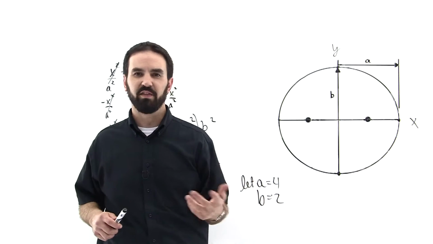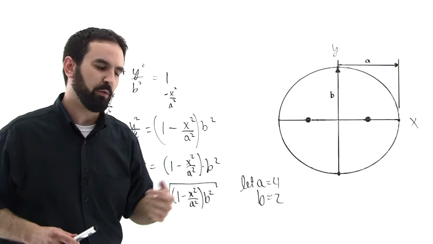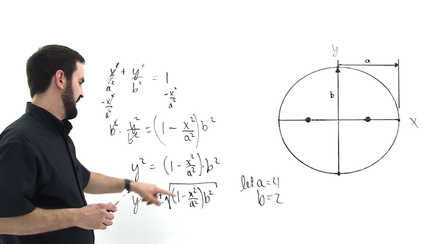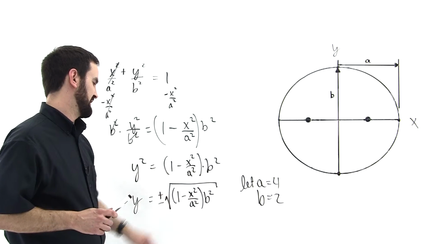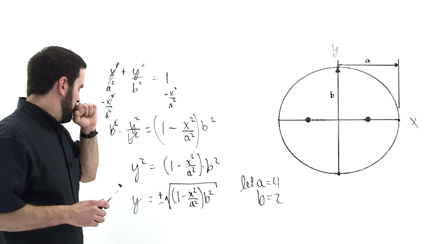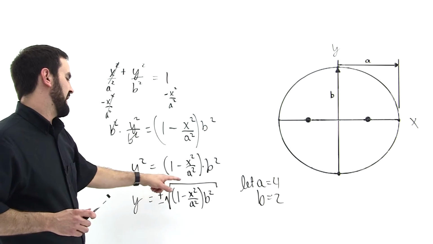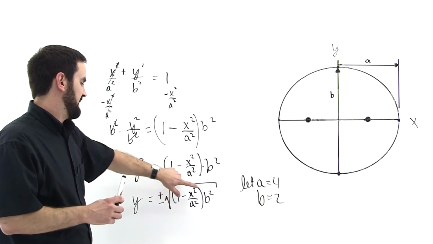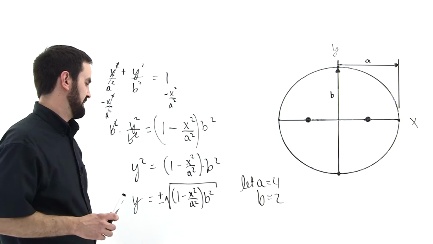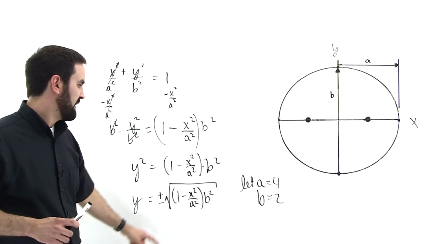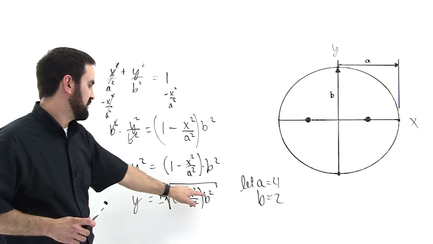So you have to let y1 in your y editor equal the positive square root of 1 minus x squared over a squared, in parentheses, times b squared. And then let y2 equal the negative square root of 1 minus x squared over a squared, in parentheses so that you can multiply times b squared. And so let a equal 4 and b equal 2. So just put a 4 here and a 2 here, right?